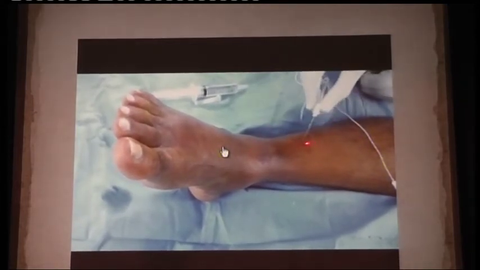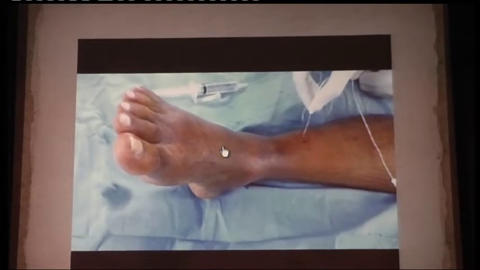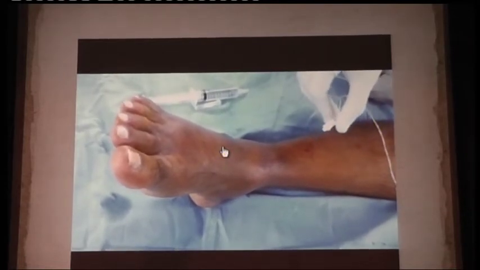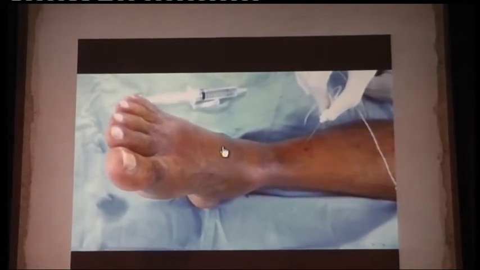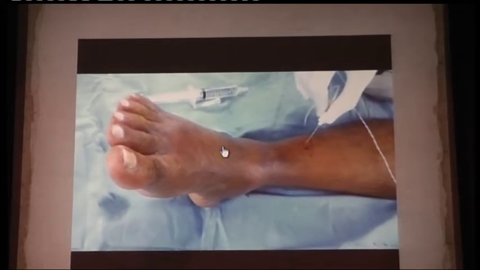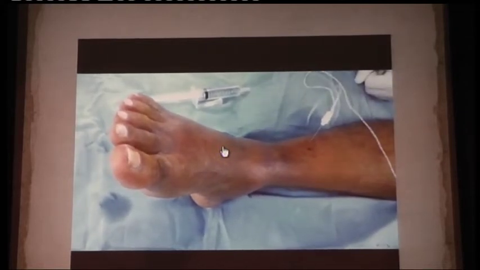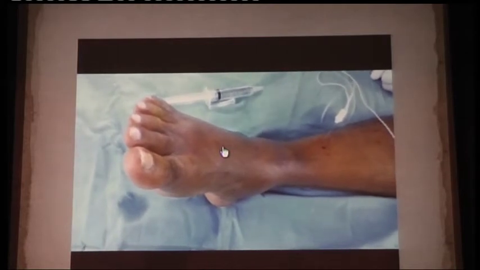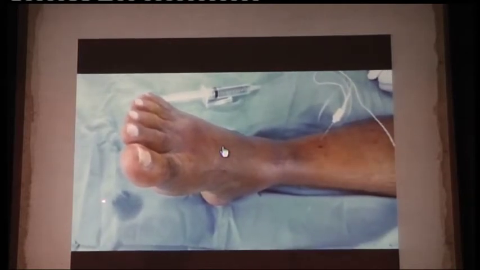I have gone a little proximally, somewhere here. Dorsiflexion of toes.